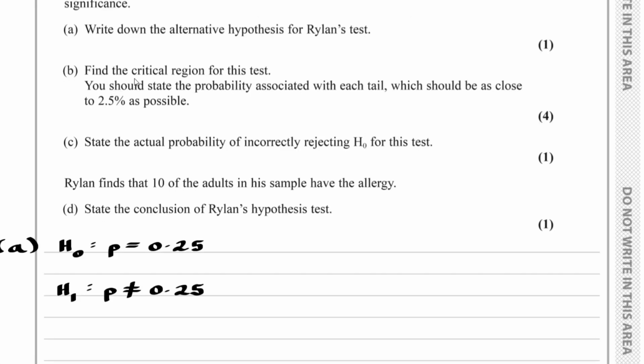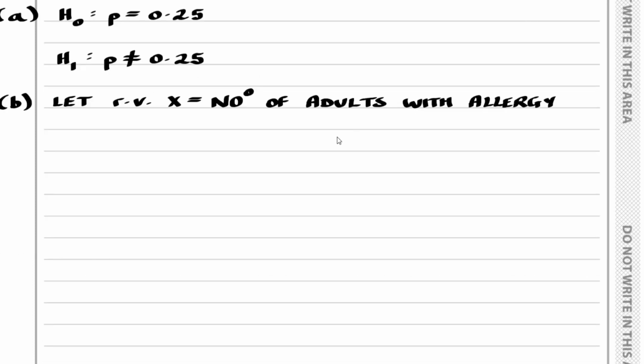Part B, find the critical region for this test. You should state the probability associated with each tail, which should be as close to 2.5% as possible. For part B, if we let the random variable x equal the number of adults with the allergy, then we would have a binomial x which has parameters 50 and 0.25.